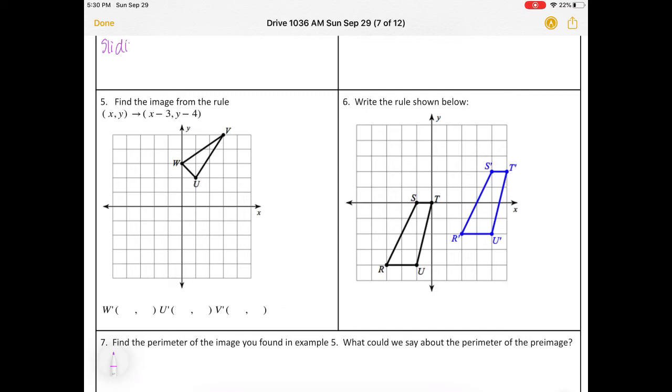It is sliding a shape left, right, up, or down on the graph by either adding or subtracting from the coordinates.